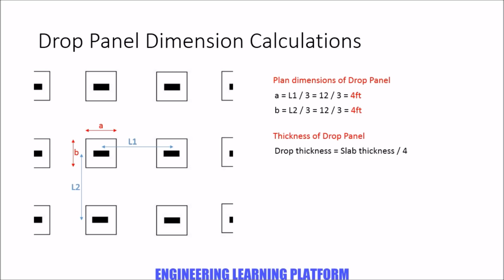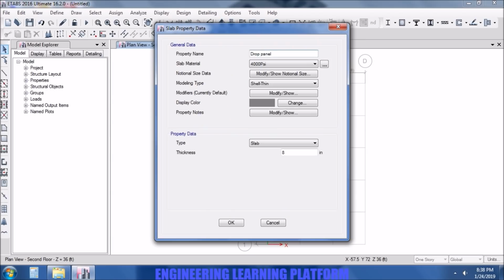The thickness of drop panel is usually taken as a thumb rule as a quarter of slab thickness, which comes to 2 inches in our case. The thickness of drop panel can be greater than that, but at least a quarter of the slab thickness is necessary.